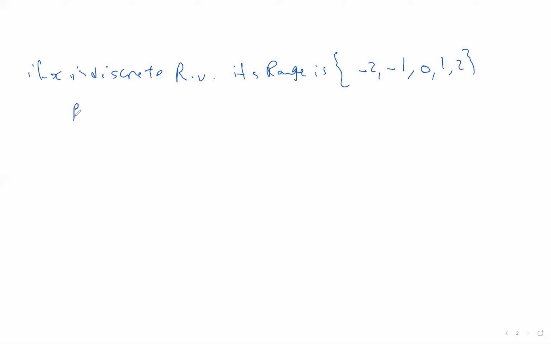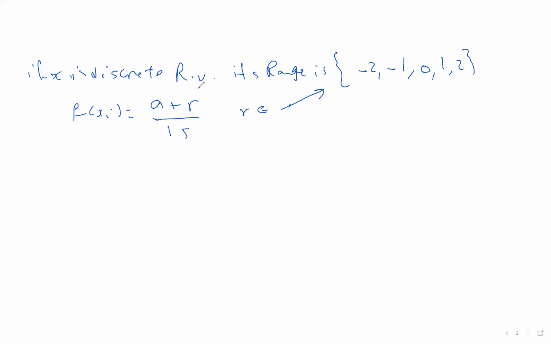And f of xi will be a plus r divided by 15, for r an element of the range of x. Okay. So r will be -2 and -1 and 0 and 1 and 2.